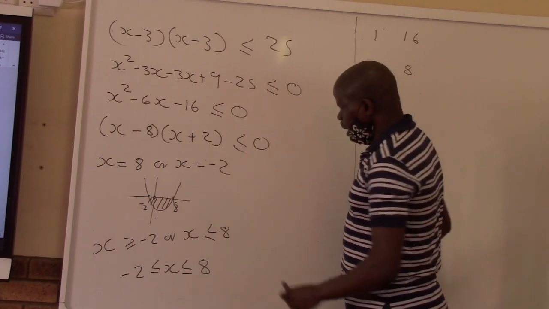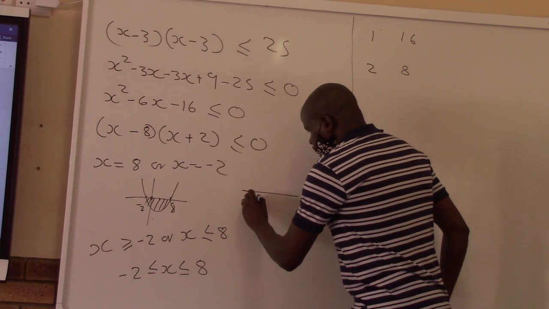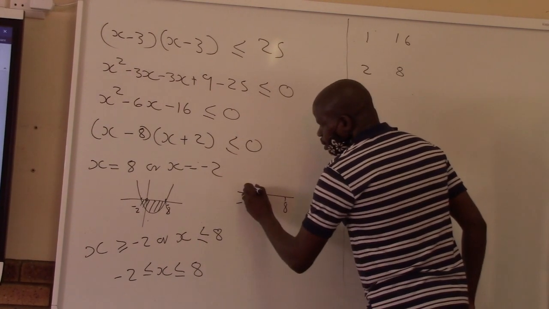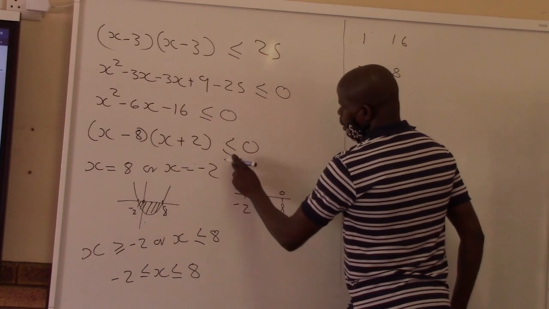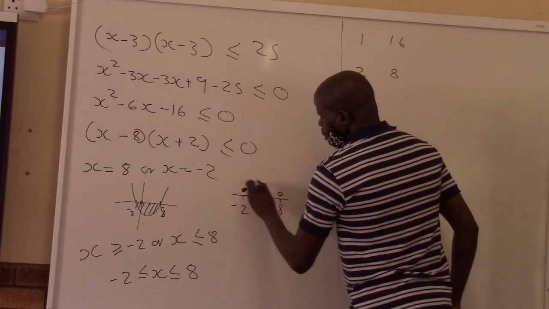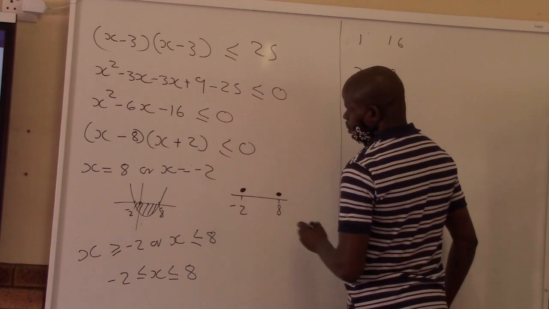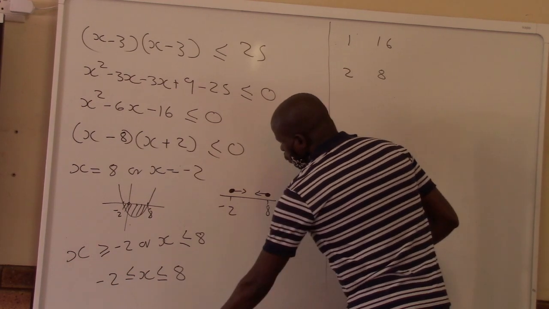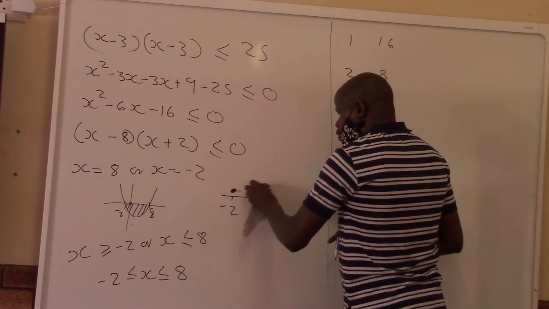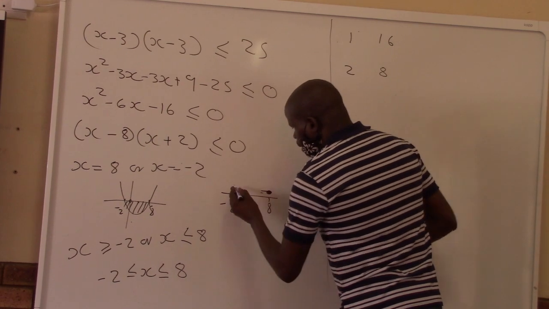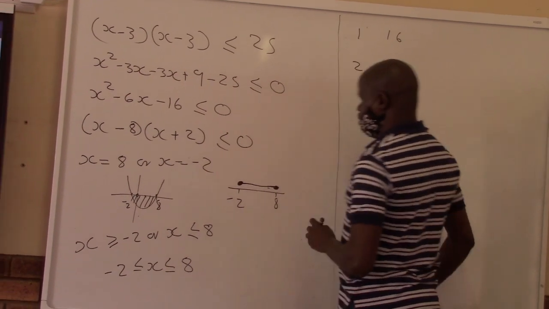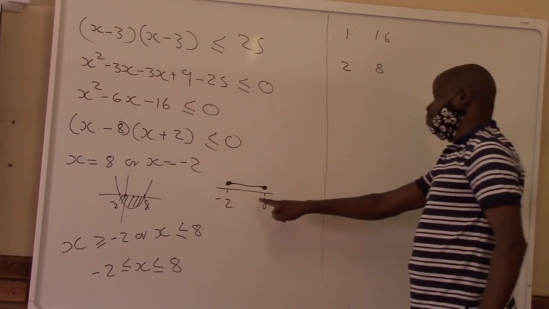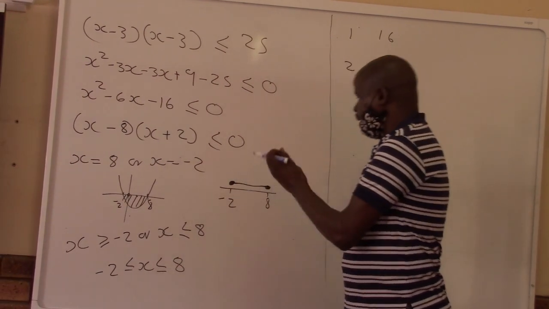It's because if we use the number line, where we have negative 2 and 8, because of the equal sign, this dot will be shaded and that dot will be shaded. So we have the arrow that goes this way and the arrow that goes that way, and those arrows meet. That is why that notation can be used, because these ones connect and come together.